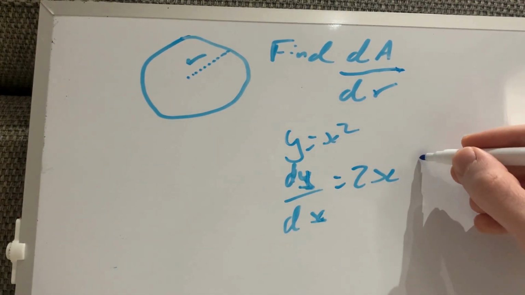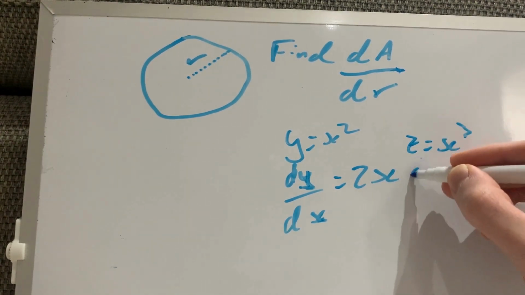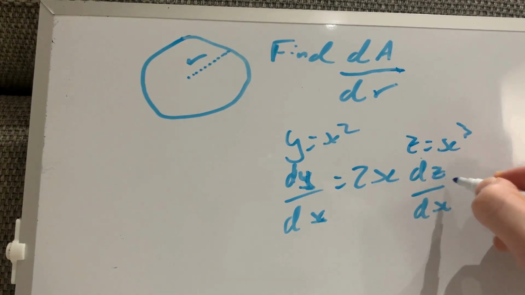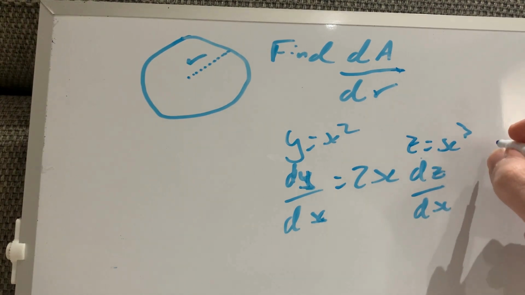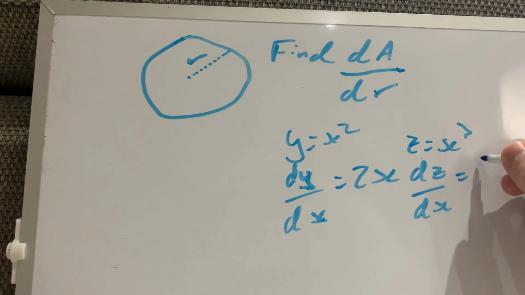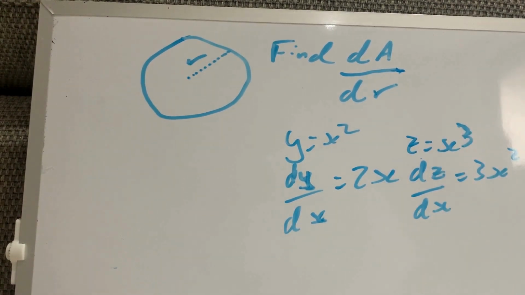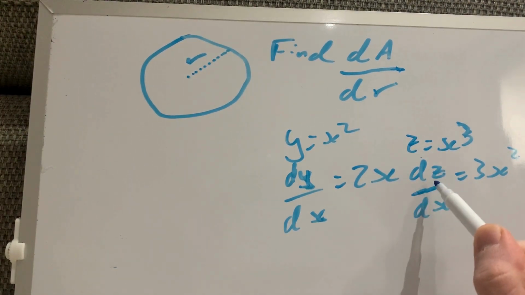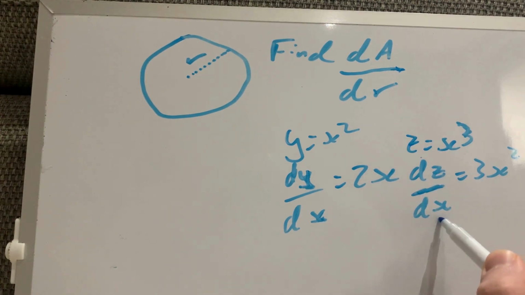Like if we said z equals x cubed, we would do dz by dx, and that will tell us how z changes with respect to x. So in this case, it would be 3x squared. Sorry, I'm being really unneat here. Just to demonstrate this principle of whatever's on top is what we're investigating with respect to what's on the bottom.